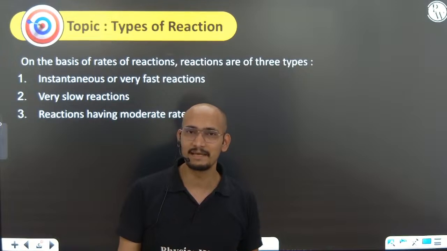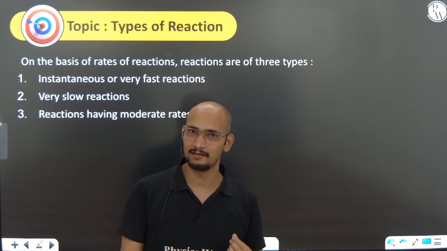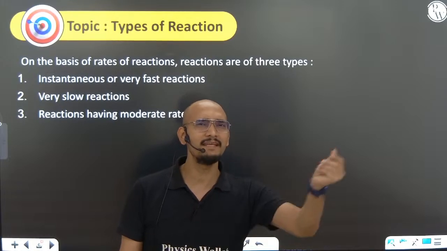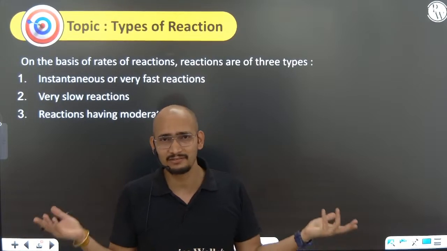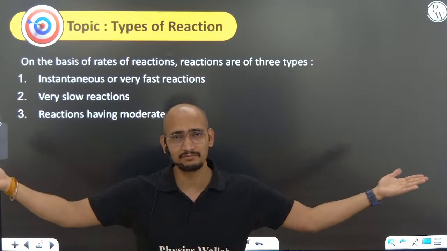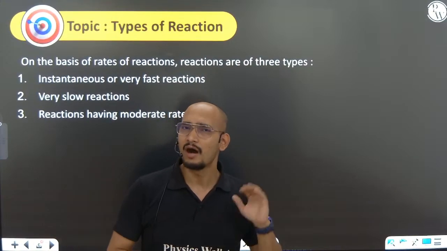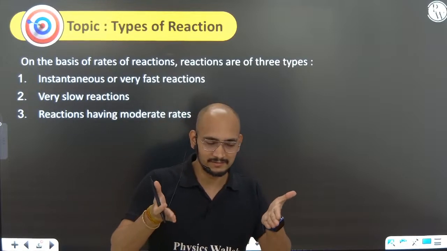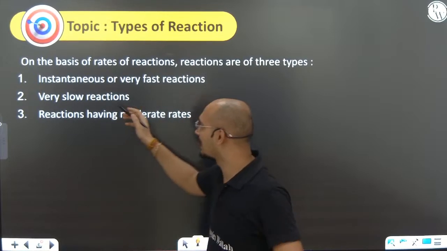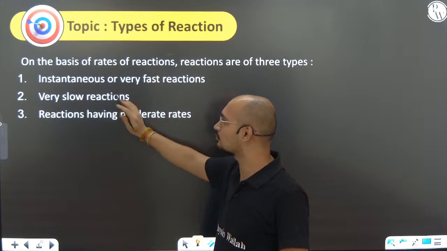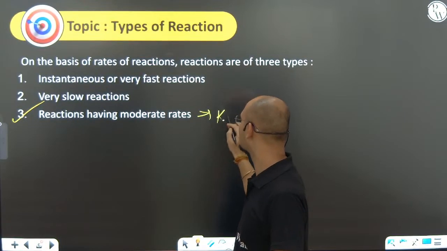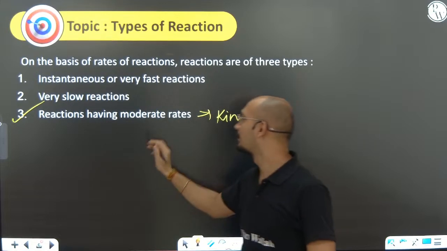What is an example of that? Let's say rusting of iron. Rusting takes a lot of time, right? So this is a very slow reaction, and the rate of reaction has no meaning there because the time is very, very large. So always remember, we do not do the rate study for these two types, that is very fast or very slow. We do the kinetic study only for moderate rates.